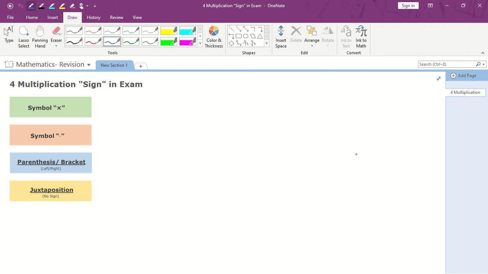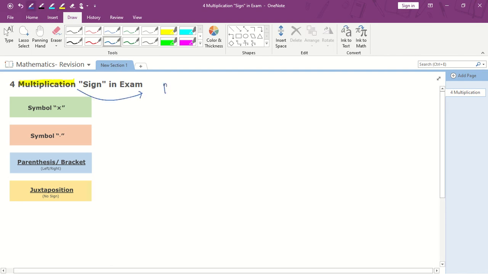Before we get into it, let's discuss what multiplication is. Multiplication in simple terms is the repeating addition of a number. Basically any number, as I put here, 4.